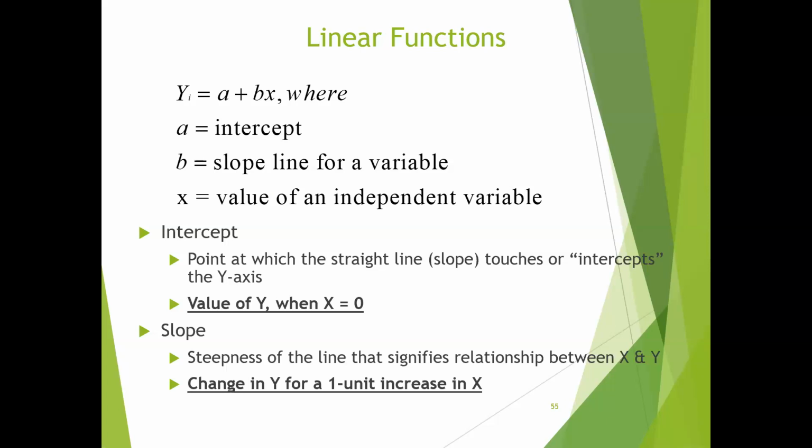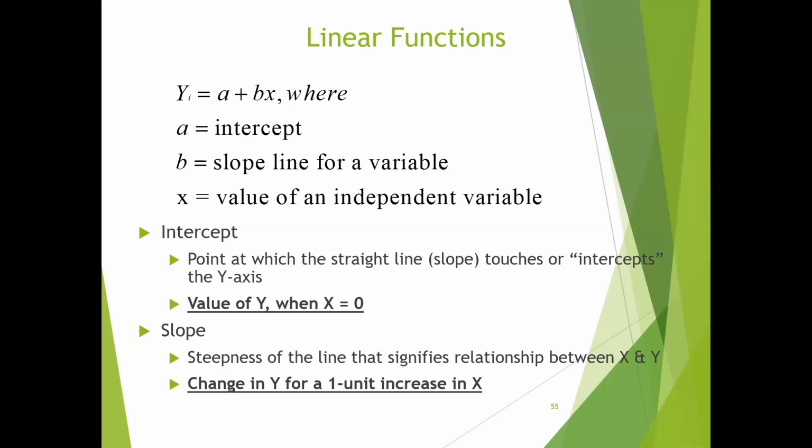Y equals a plus bX, where a represents an intercept, b represents a value that denotes the nature of the relationship between X and Y, and X represents the actual value of the independent variable.